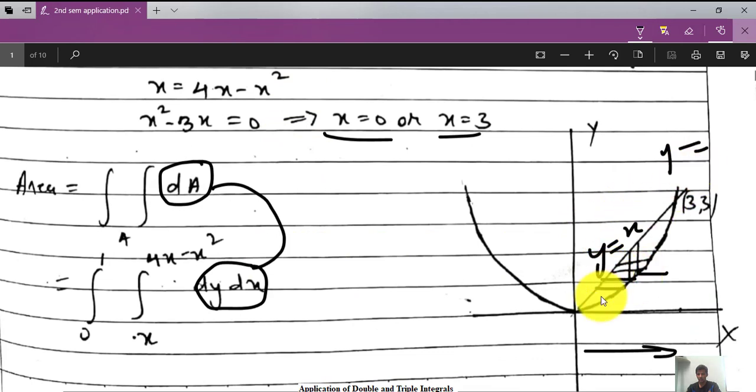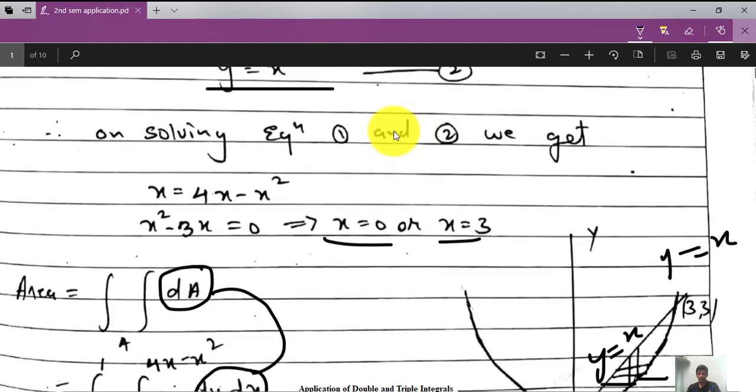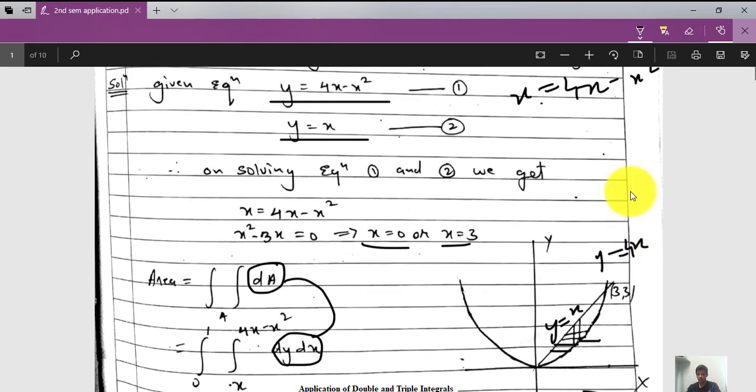So if you are moving from this position to this, it is x is equal to 4x minus x square, right?